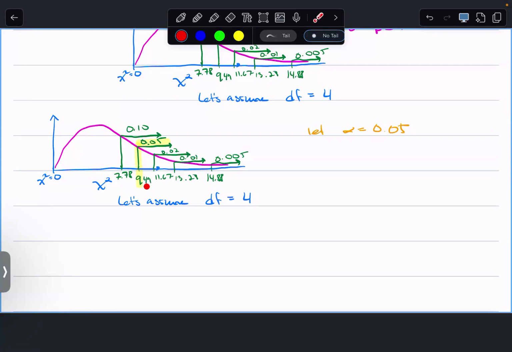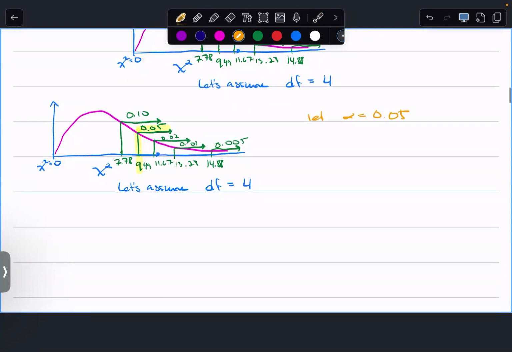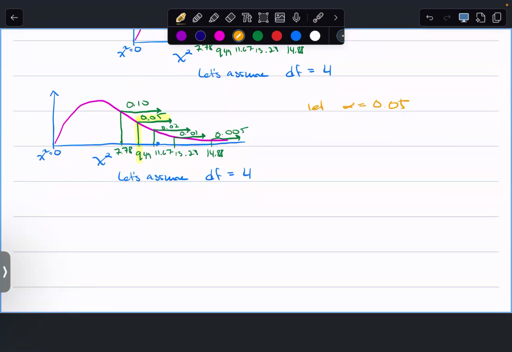In this case, it's a critical value in the sense that if my calculated chi-squared is bigger than 9.49, then I have enough evidence to reject H0, because anything after that point, the area in the tail is smaller. So it flips back to the p-value, right? But it's another way that we can kind of draw our conclusion. And so then the chi-squared critical is 9.49. And so we talked about that last day.